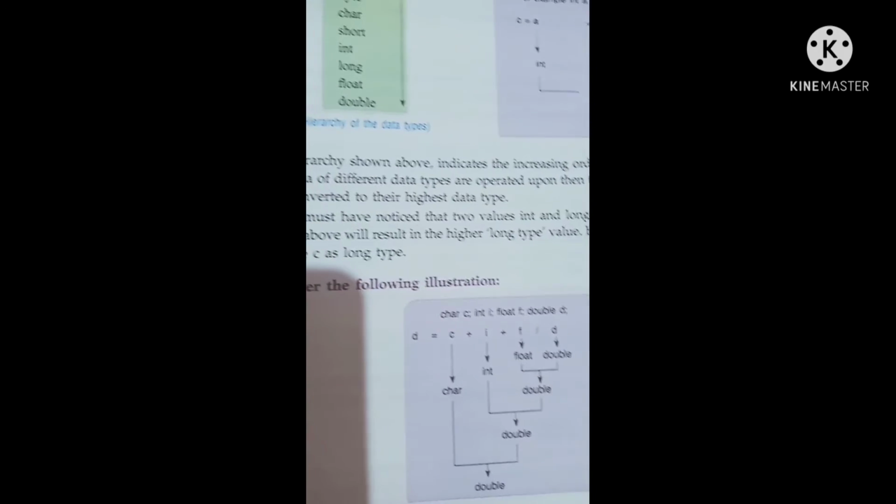Consider the following illustration. In this diagram we can see one data type is char, second is int, third is float and fourth is double.